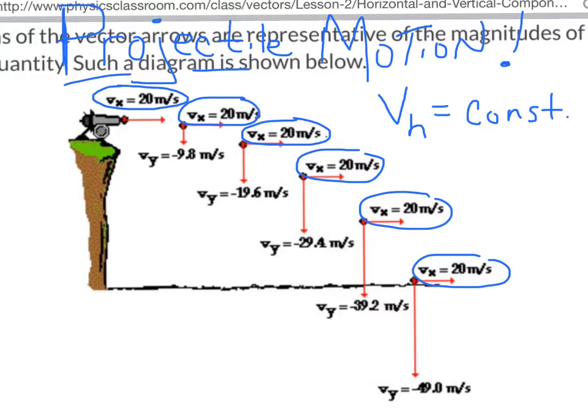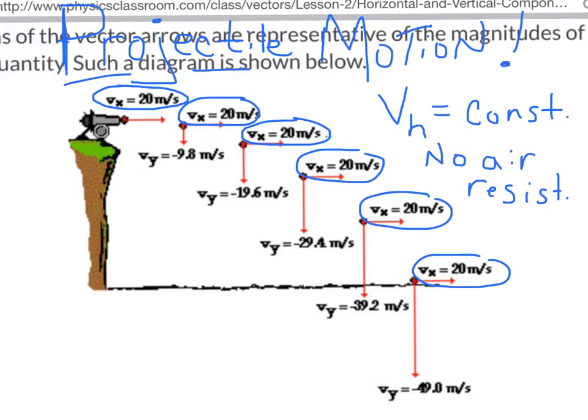That's because horizontally, when you fire a projectile, we're assuming no air resistance. And with no air resistance, the horizontal component of the velocity should remain constant.